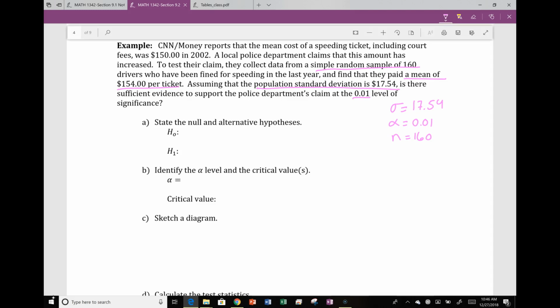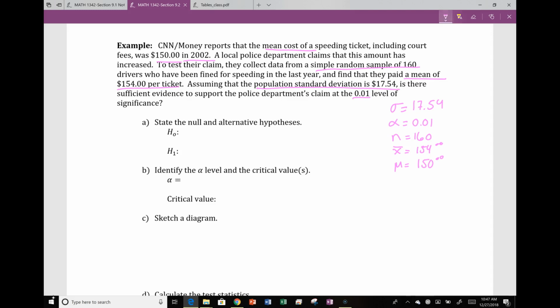Now this was from the sample of 160, so that is our x bar, our sample mean, $154. Now, they reported that the mean cost in 2002 was 150. That is our mu. That is our population mean. So these are the 5 pieces of information that we need to know when we're looking at hypothesis testing.